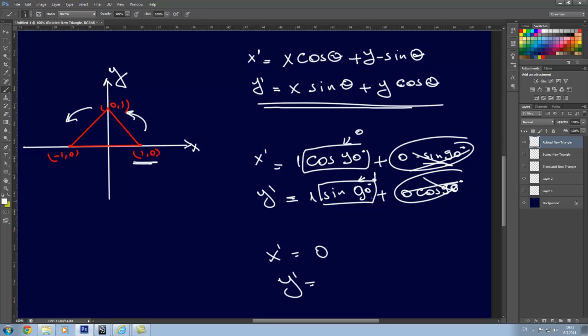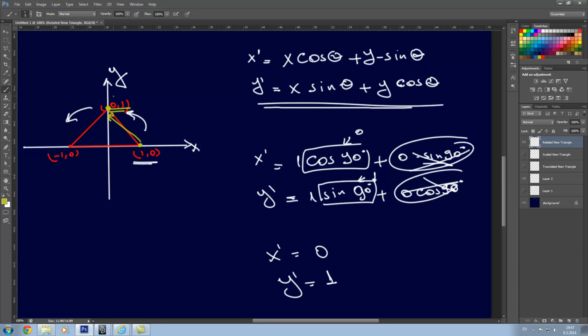For y prime, sine of 90 degrees is 1, 1 times 1 is 1, and then you get the new coordinates. Switch, and your actual point is going to be right there. So this guy moved from here to right there. You see? Right now you have the same exact coordinates as this guy.